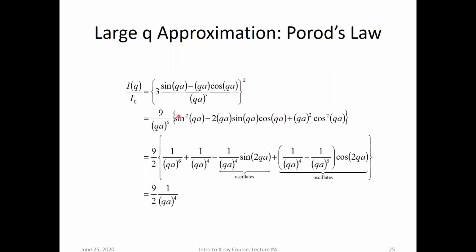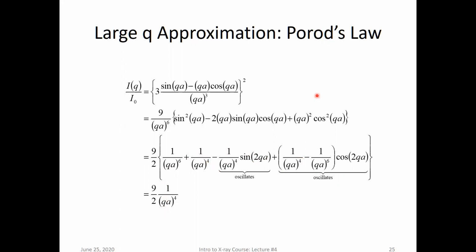As I start breaking this part up and expanding the various parts, I start seeing the different terms here. The parts which are left here oscillate away to 0, so I can ignore those. And then, because q is actually a large thing now, this term will dominate over that, and I get a 1 over q to the 4th behavior.